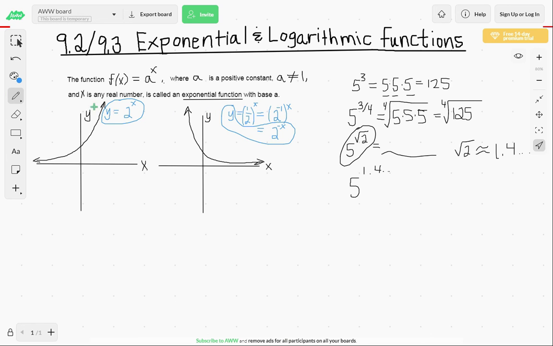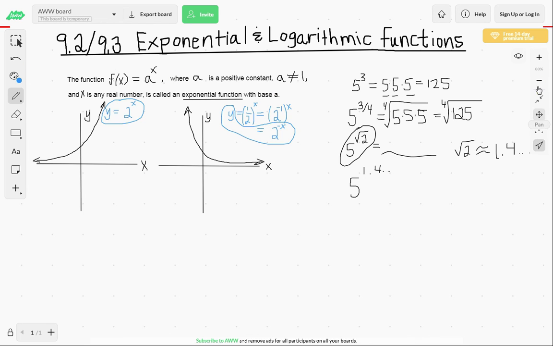If we take y equals 2 to the x and reflect it over the y-axis, we get this graph. If you've seen transformations of functions, this is more obvious, but that's what happens when you substitute -x for x: you reflect over the y-axis.